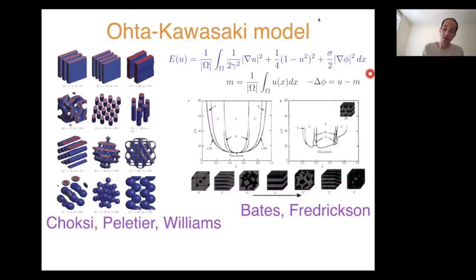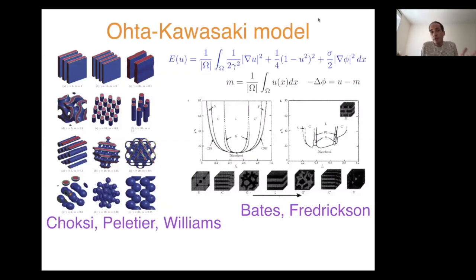They are numerics for this problem, the Ohta-Kawasaki problem. And you see all kinds of different patterns that you observe as minimizers, probably, of this energy. These are resolved by Troxy, Pelletier, and Williams. What you at least should take away from this slide is that everything you see here looks very periodic.